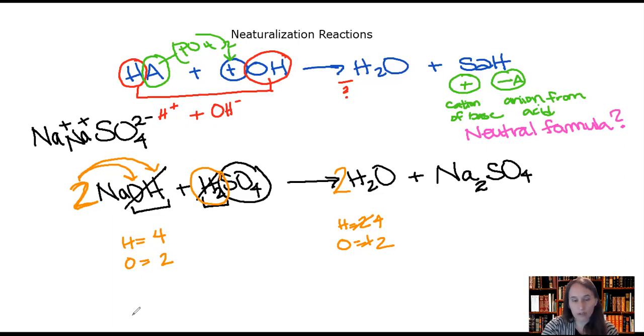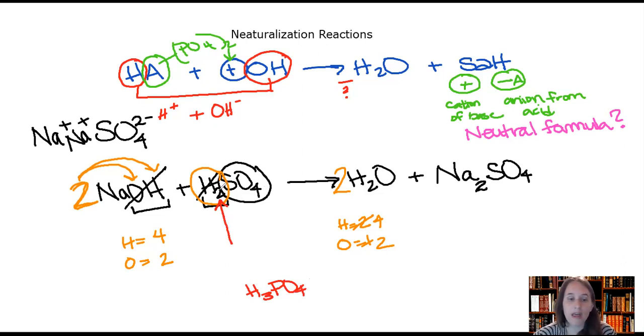One thing I've noticed over the years, and I'm not sure the pattern holds true 100% of the time, so be careful. But if I'm having trouble balancing, I've noticed that a lot of times for these, I have a polyprotic acid. So if I have more than one hydrogen that can get donated, such as in sulfuric acid, or phosphoric acid can actually donate 3, which is kind of cool.